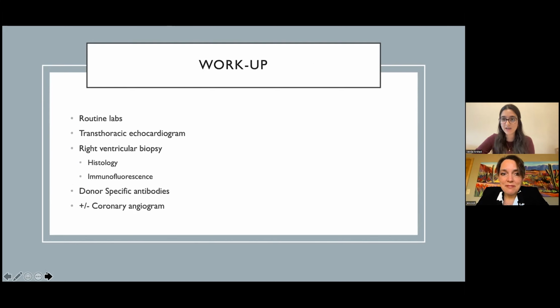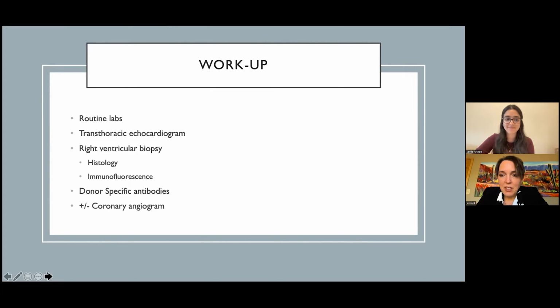And then for workup, as Dr. Cook mentioned, to assess for any kind of graft dysfunction: transthoracic echocardiograms, a right ventricular biopsy, which is then sent for histological and immunological staining, donor-specific antibodies, which we discussed, and then depending on how the patient presents and how high their risk is, a coronary angiogram can be considered as well.